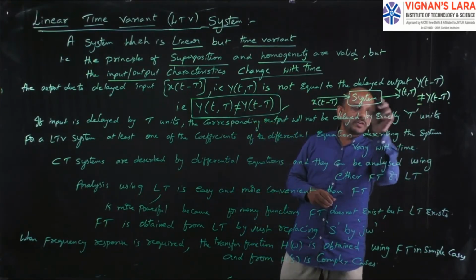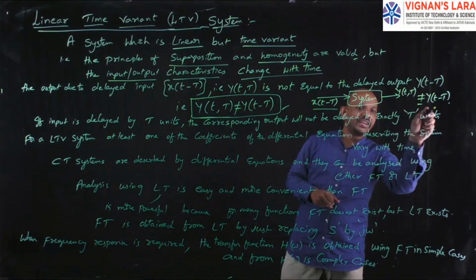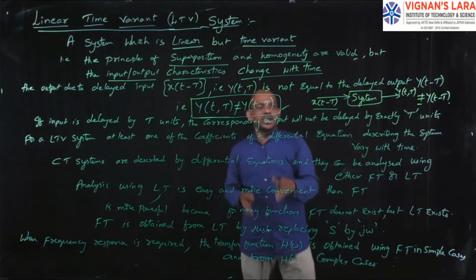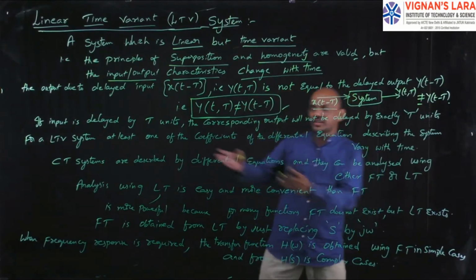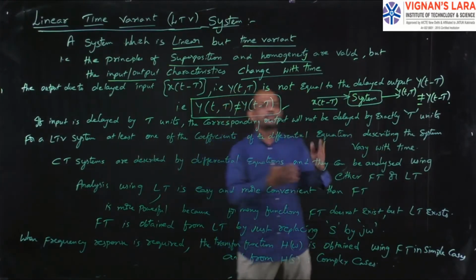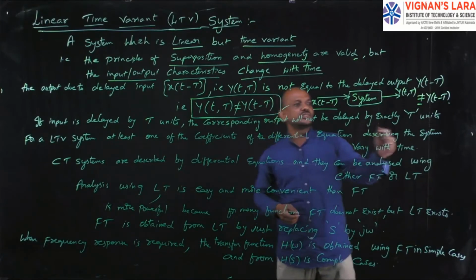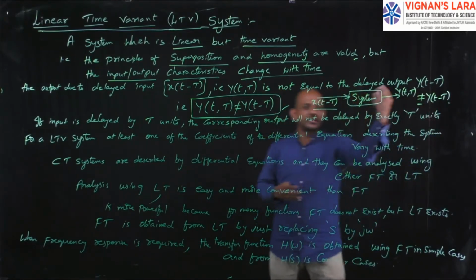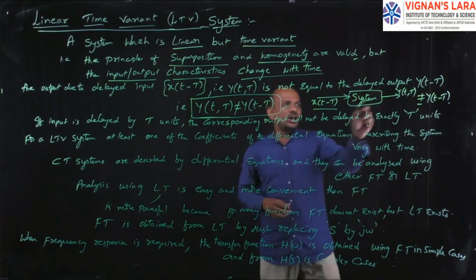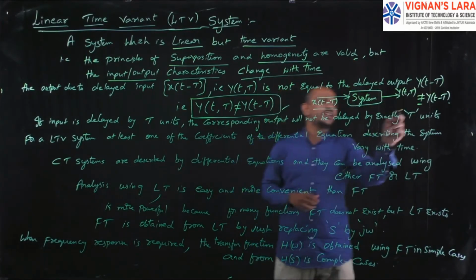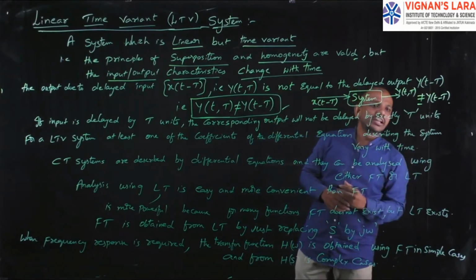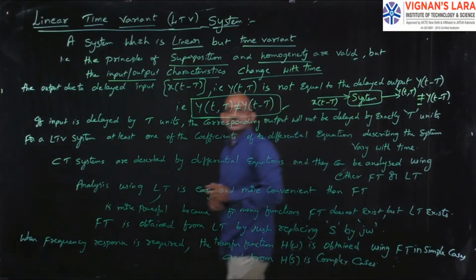That means the output of the system is not equal to the delayed output. Why? Because the input is delayed by capital T units, but the output will not be delayed by capital T units. It has to be delayed by another value. So the output for a given delayed input is not equal to the delayed output, that is, not equal to y of t minus capital T.